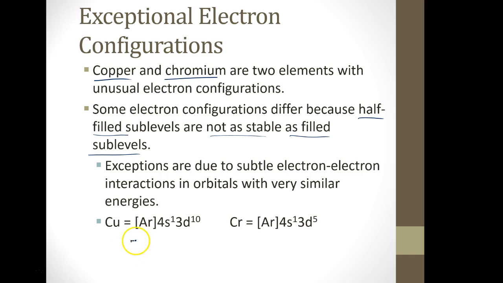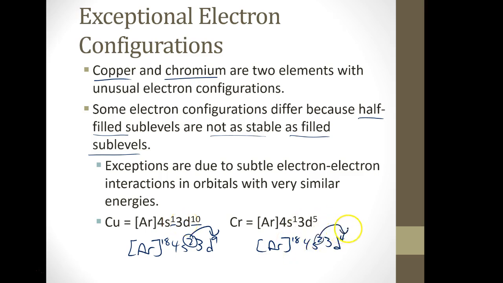So copper, which you would normally write as argon 18, 4s2, 3d9, and chromium, which would be argon 18, 4s2, 3d4. There has been experimental evidence, not to make your life miserable, that what happens is one of these electrons moves up, makes it 3d10 and 4s1. Same thing happens here.